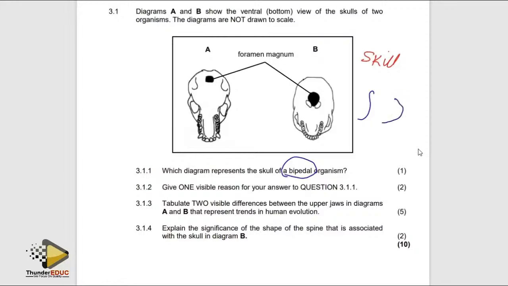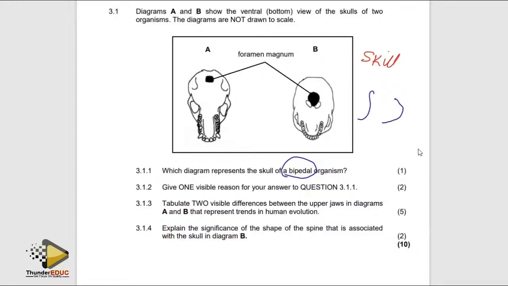S shape allows flexibility for the organism, so therefore it is bipedal. And then with C shape, the flexibility is not there, therefore it walks on four limbs, quadrupedal. So the pelvic girdle for the case of bipedal must be short and wider to support the upper weight and allow easy movement. The other one must be small and narrow.